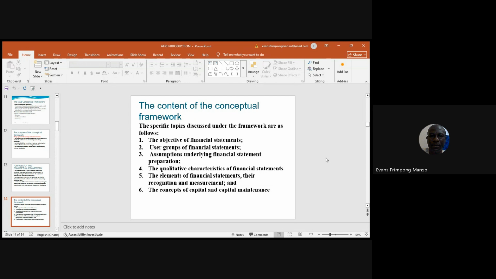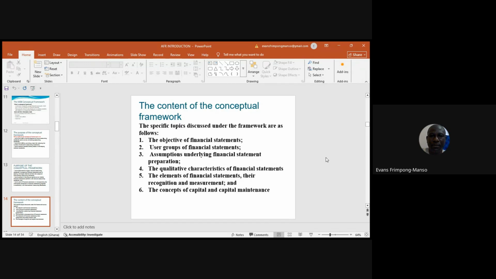Part 5 talks about the elements of financial statements and how these elements are recognized and measured. And lastly, it talks about the concept of capital and capital maintenance.